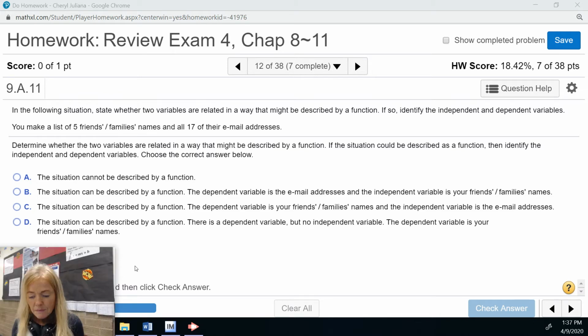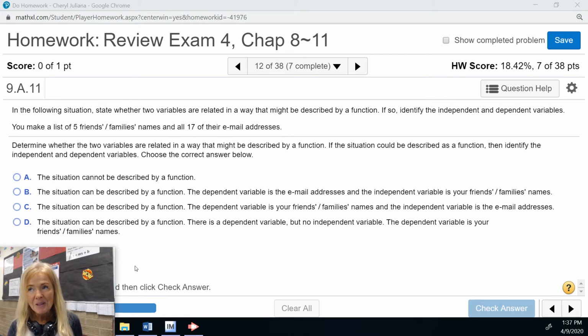All right. The independent, I don't know. This one is a really crazy one, and you don't actually have one like this on the test. And I'm a little bit nervous to answer it because email addresses, I don't know.